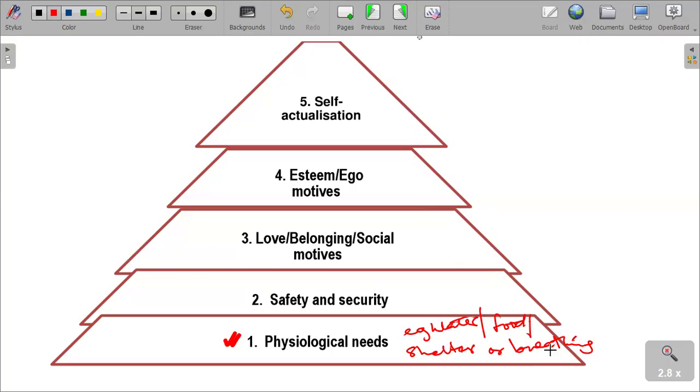And then we have got the second level, which is safety and security. Safety and security stems from what? We talk about safety in terms of health, in terms of employment. This can also be in terms of family and social ability.